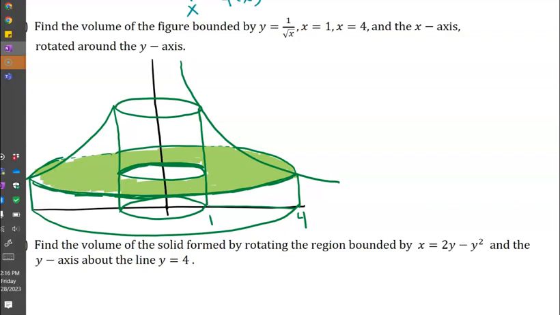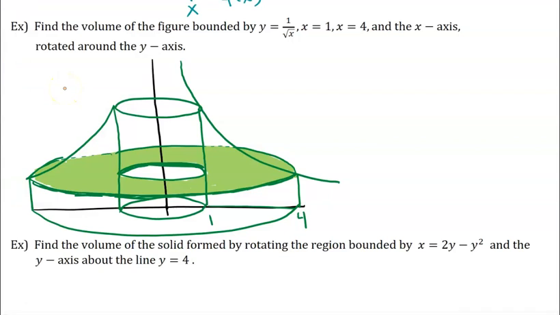However, the problem we would run into on this one, and we do have one-to-one functions, is that the inside radius is 1 everywhere, but the outer radius, oh my goodness, from a height of 0 up to a height of this point right here, which is 4 comma 1 over root 4, so 1/2, the outer radius is just 4.